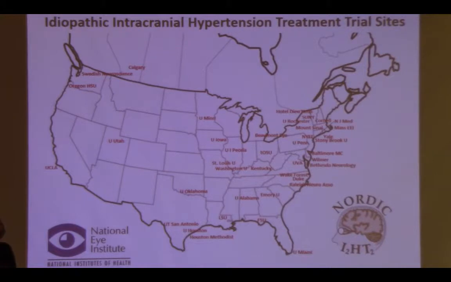This study took place across the entire United States and Canada, and the University of Utah was a site. We enrolled patients into this study, and we participated. As you can see, most of the patients were on the East Coast and the South, and a few on the West Coast. So we kind of covered this region of the country, as we always do in Utah.